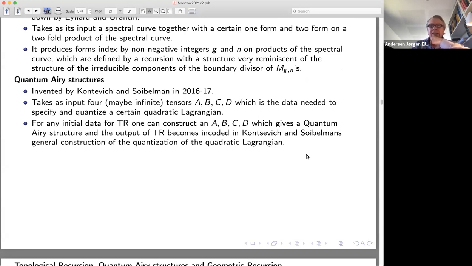And then from any initial data of a TR, one can construct ABCD, which gives a quantum Airy structure. And then the output of TR becomes encoded in this Kontsevich-Soibelman general construction of a quantization of a quadratic Lagrangian.